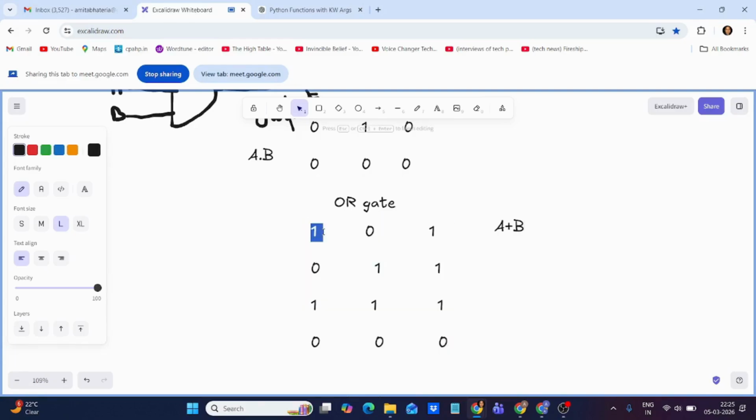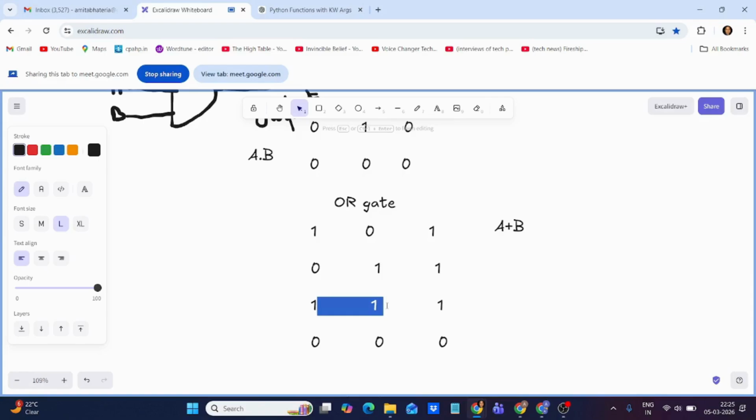Now you tell me, 1 plus 0 is what? 1. This is the input for A, right? This is the input for B, right? So 1 plus 0 is equal to 1. And 0 plus 1 is how much? 1. And 1 plus 1 will be how much? Okay, 1 plus 1 will be 2, but 2 is not a number which we can include in the boolean table.